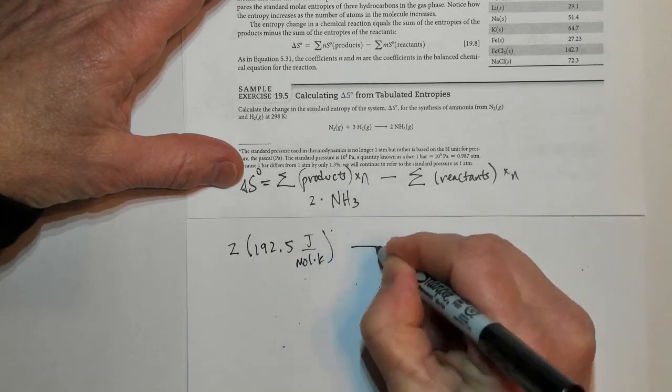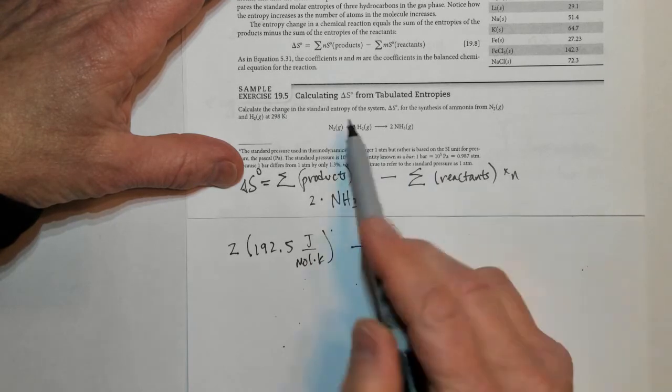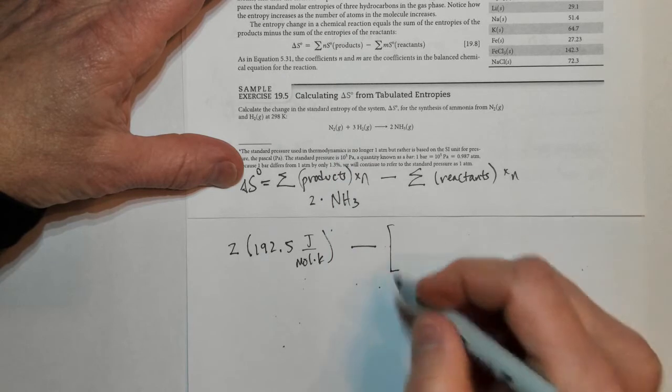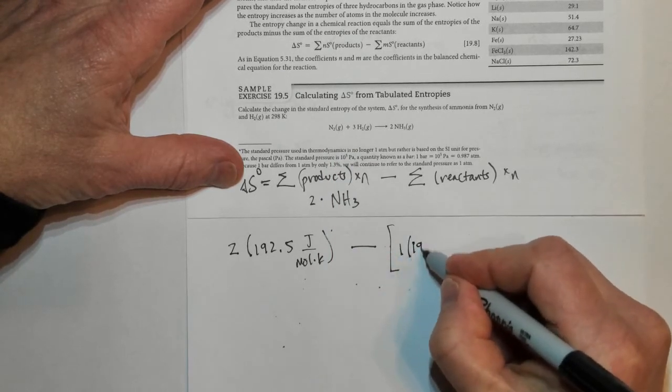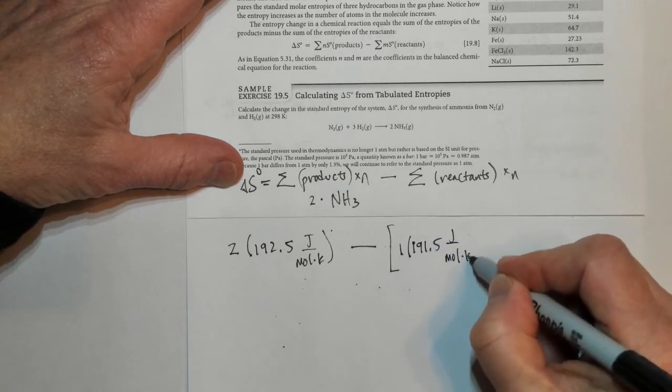And then we'll find the difference between that and the reactants. We have 2 reactants, nitrogen and hydrogen. For nitrogen, we'll multiply it by 1. It is 191.5, also joules per mole times Kelvin.